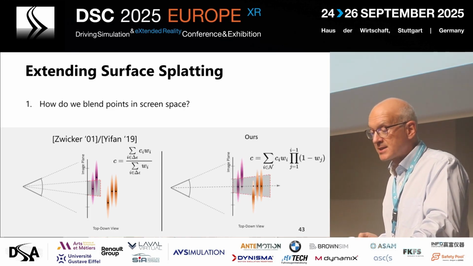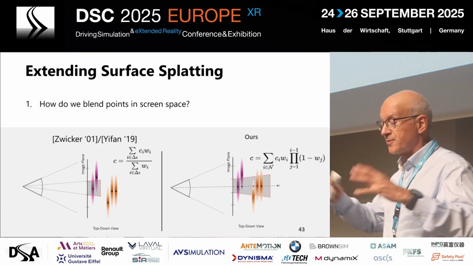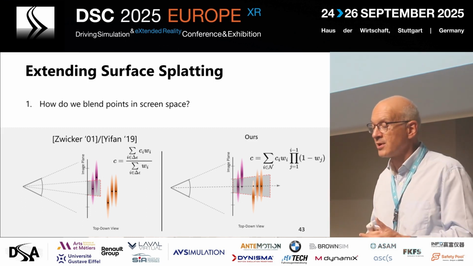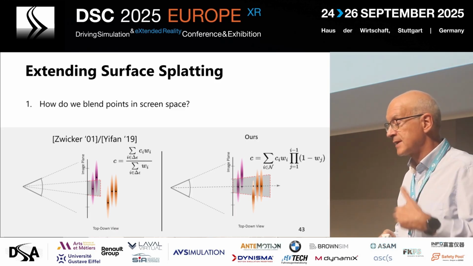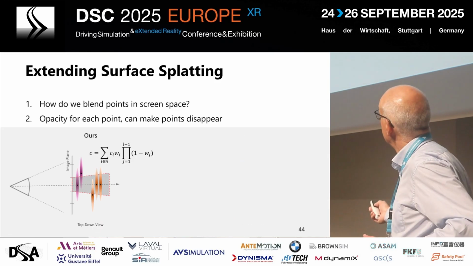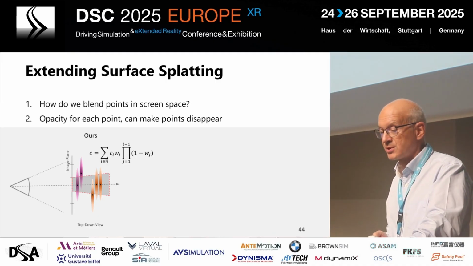But in our case, we're going to be having a bunch of these splats all over the place. We don't know which ones are in the geometry or not. So we have to use a technique which takes these into account, and we used front-to-back alpha blending to do that, which is a traditional computer graphics approach.